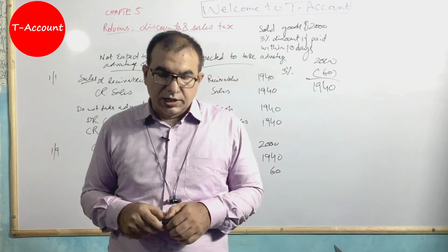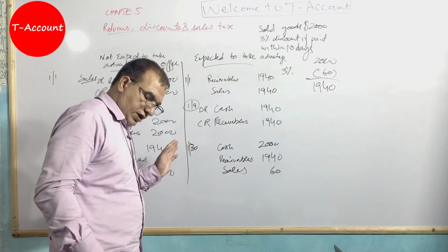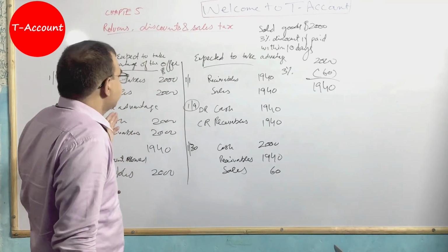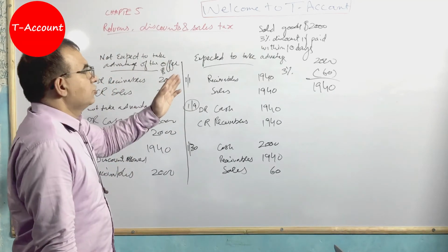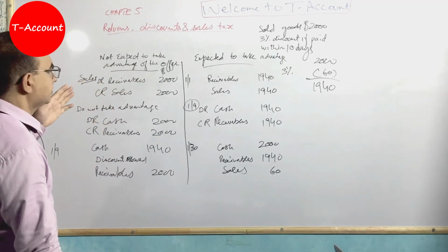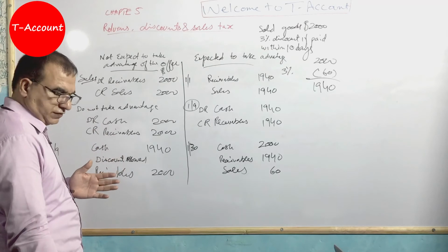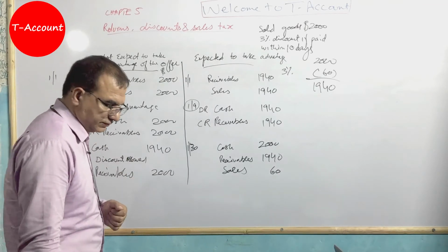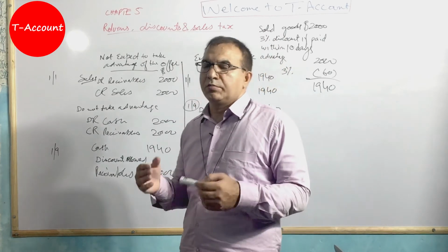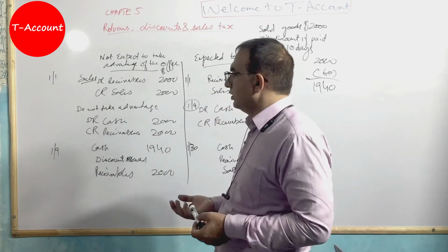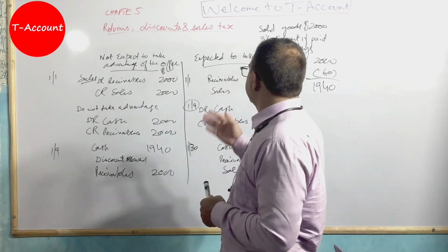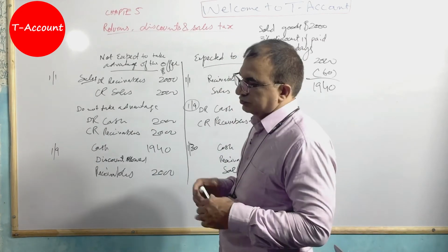Okay. And the entries are like this. When you are dealing with cash discount, you can make two policies. On the basis of your past experience, based on the behavior of the customer, you can judge whether he'll take advantage, whether he will pay early or not. If they are expected to pay early, then you will book the net amount.